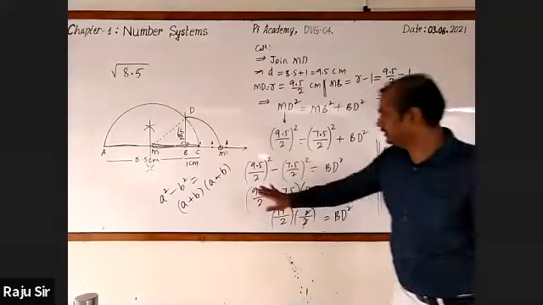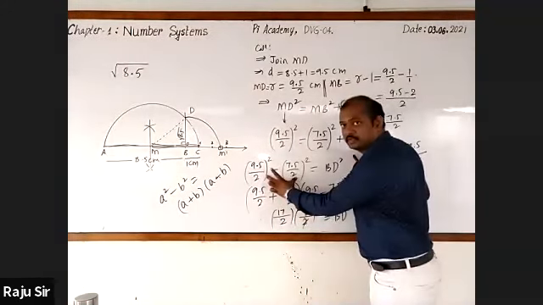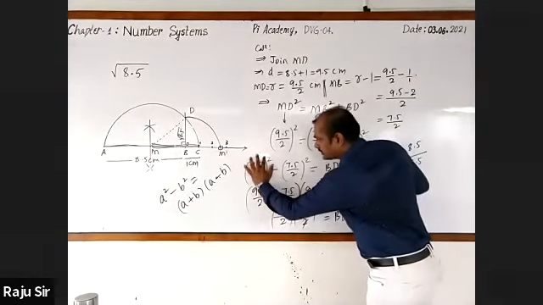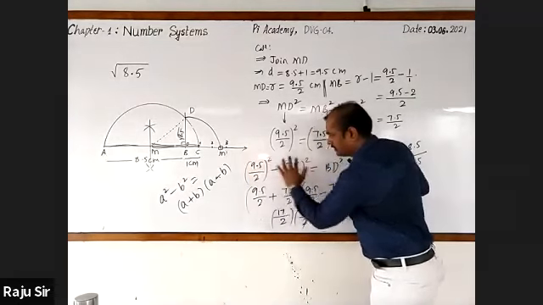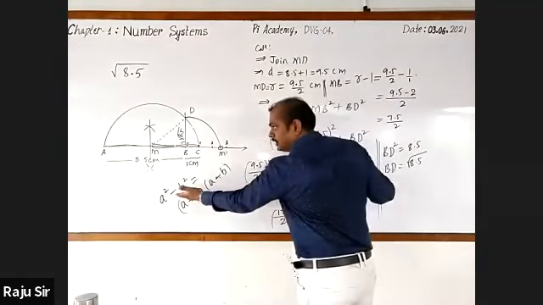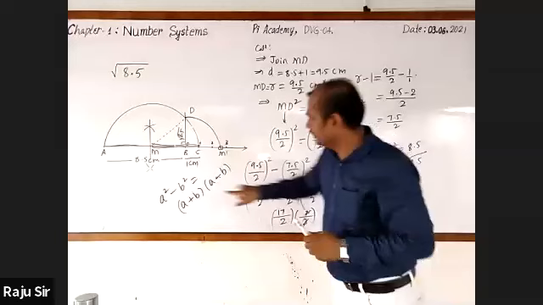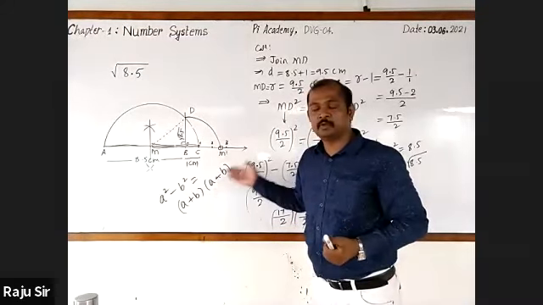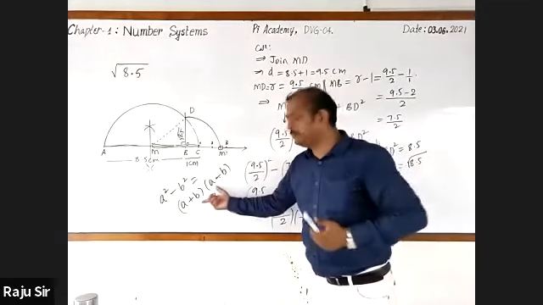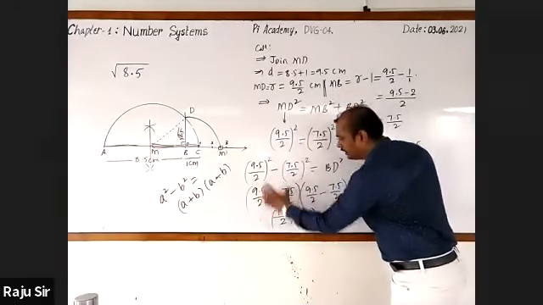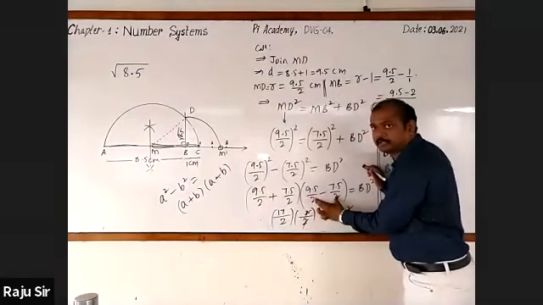I told you, these two terms, you are asking about this, right? Yes, sir. The first term is of the form a square. Second term is of the form b square. We have the identity a square minus b square can be written as a plus b into a minus b. To make our calculation simple, we will use this identity. According to that, I have added these two, then subtracted.